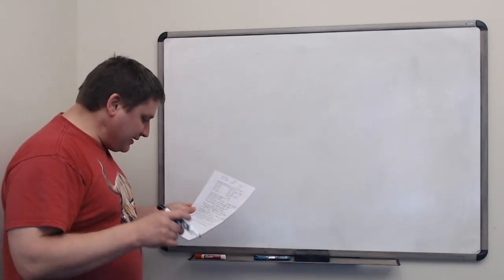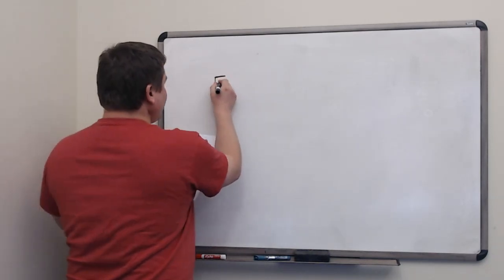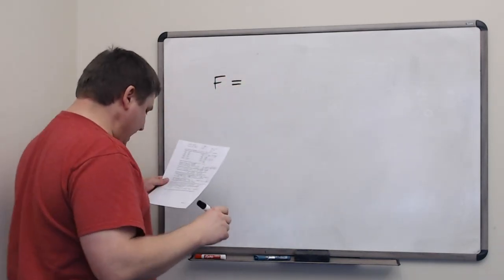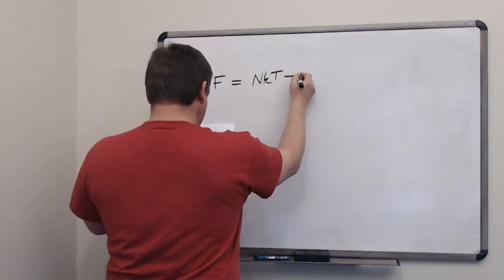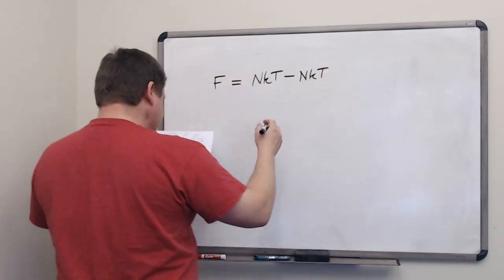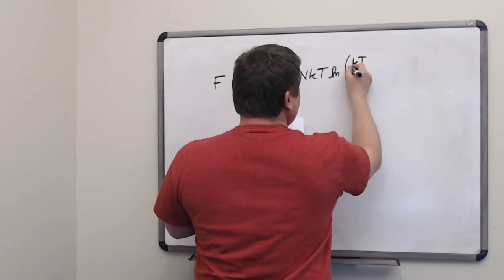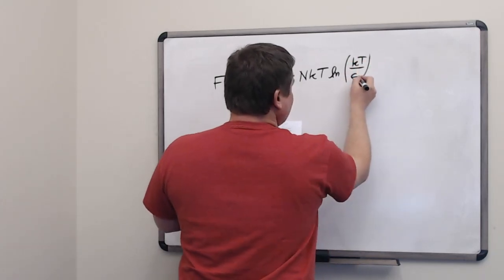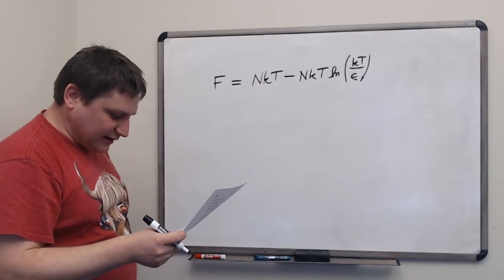The only part here that really tripped some of us up was when we get to the formula for the Helmholtz free energy. It comes out as nkT minus nkT times the natural log of kT over epsilon. So that's a good point. Most of us got to that point, and happy about that.